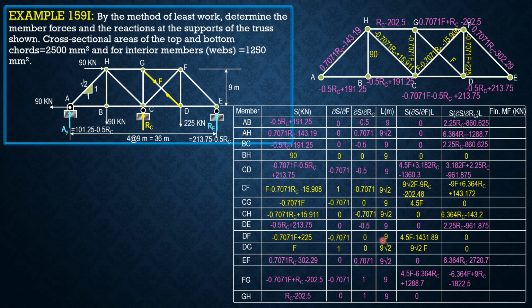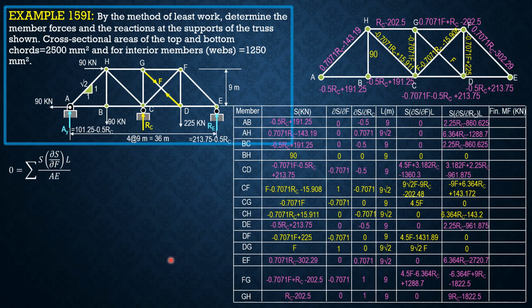Then for the yellows, negative 9F plus 12.728 RC minus 0.028 times 1000 square over 1250E equals 0.